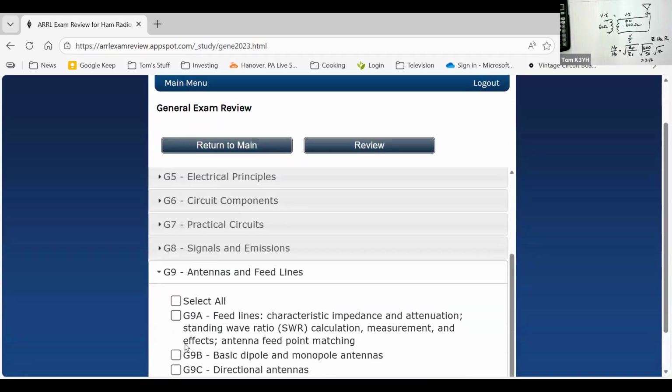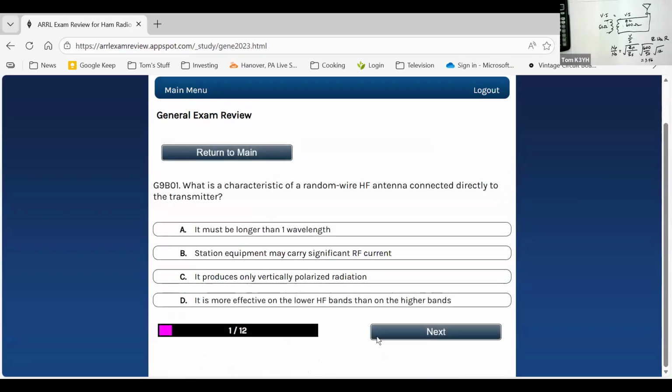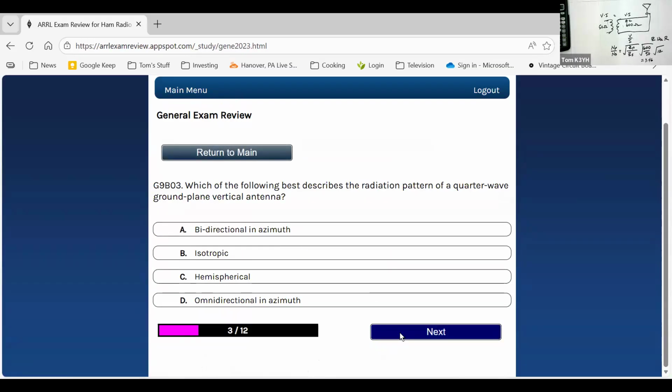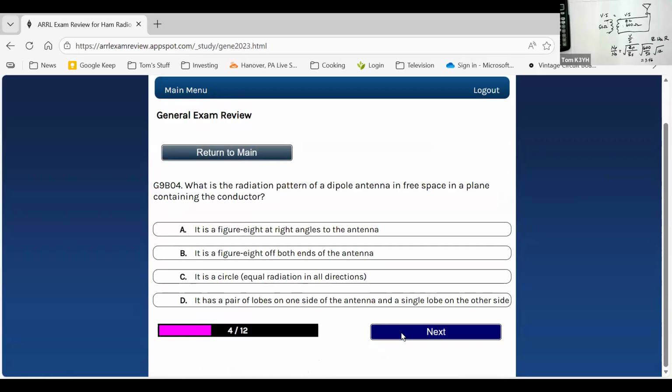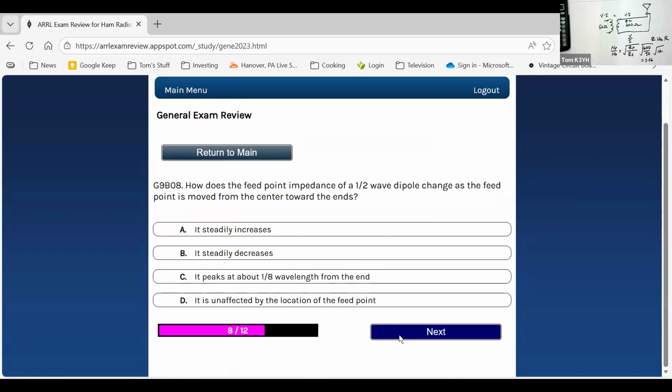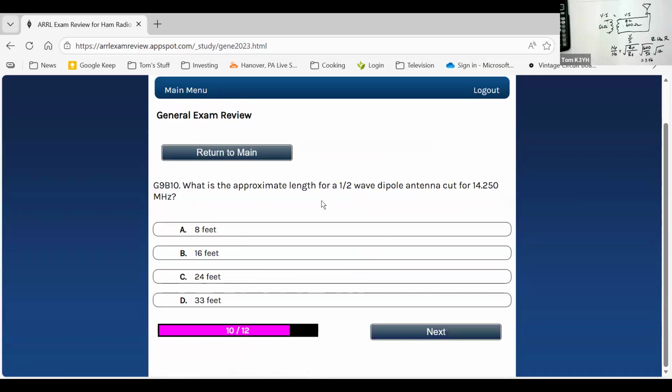Went too fast. G9B. G9B 10. Okay. Approximate length for a half-wave dipole antenna for 14.250 megahertz.